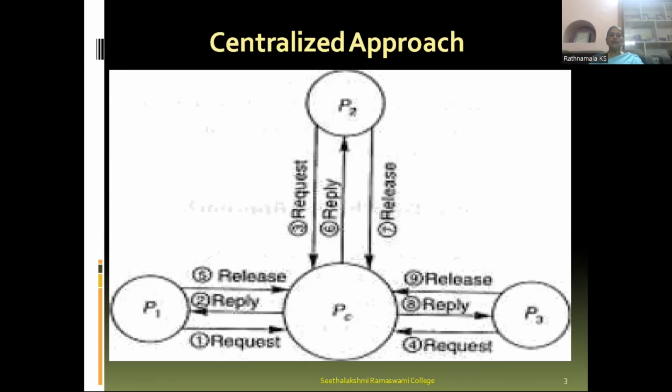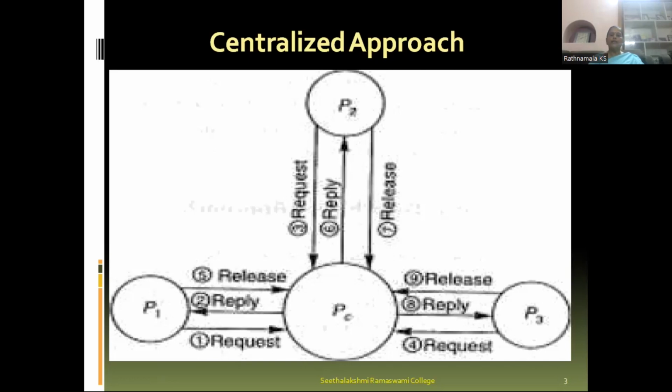The title itself will give you an idea. There is one central process which controls the actions of other processes. For example, here PC is the control process. It gets requests from P1, P2, P3 and the other processes, considers those requests, and according to priority or some other concept, it either releases the resource or denies permission.